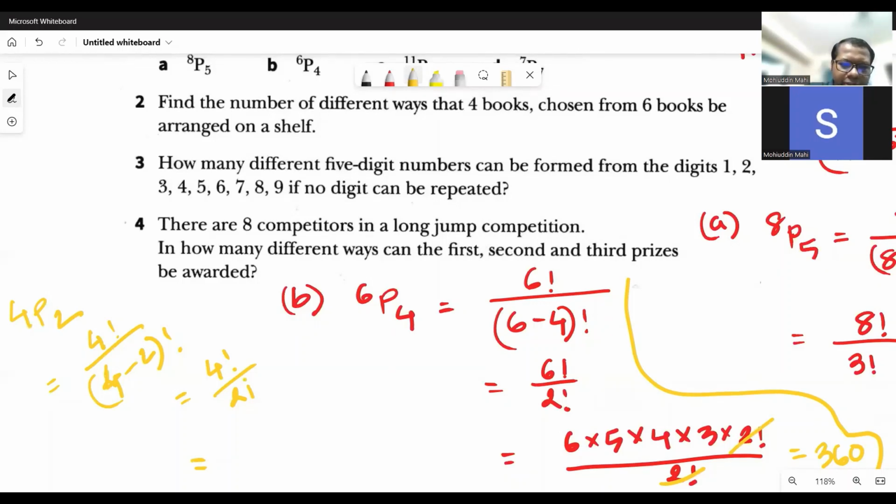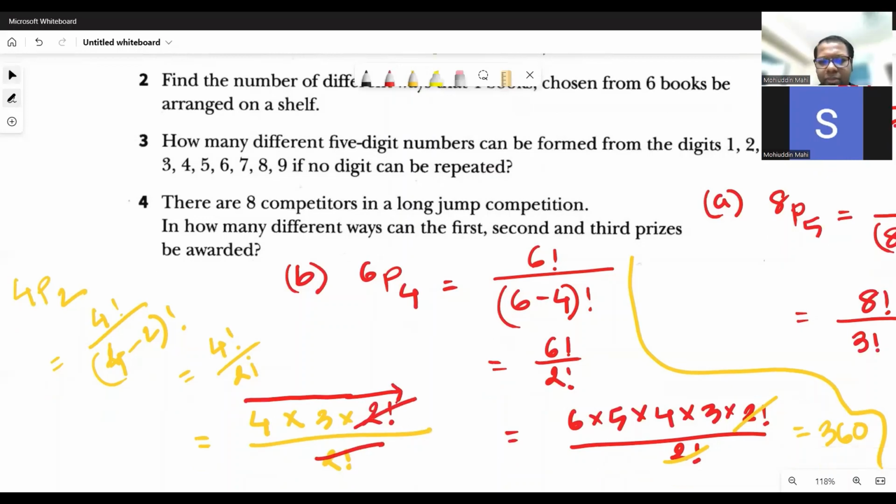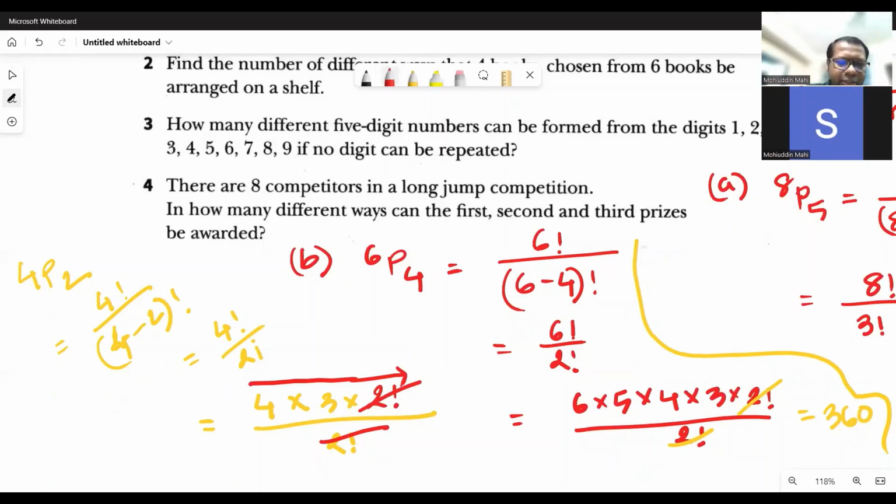So 4 factorial can be written as 4 into 3 into 2 into 1, and there is already 2 factorial in the denominator. Now 2 into 1 can be written as 2 factorial, so we won't go down to 1, we will keep it up to 2 factorial. Why? Because we can cancel 2 factorial from the numerator and denominator. So the answer is going to be 12.